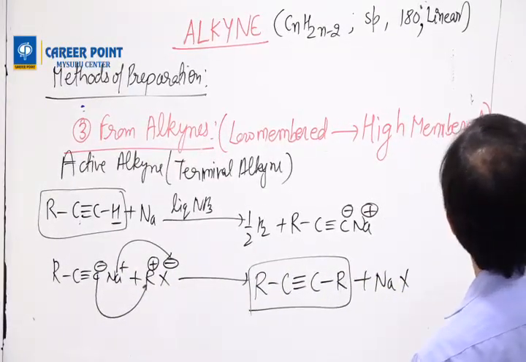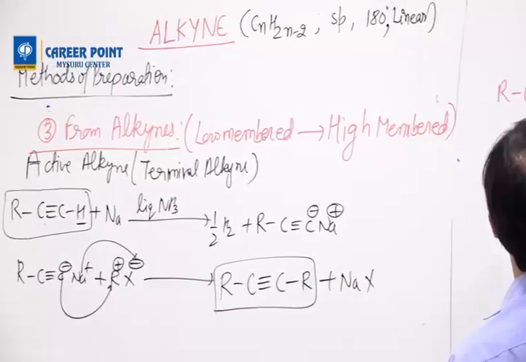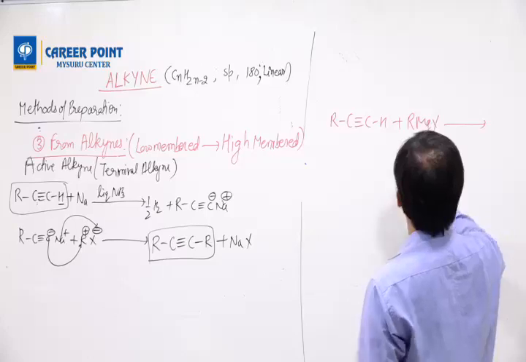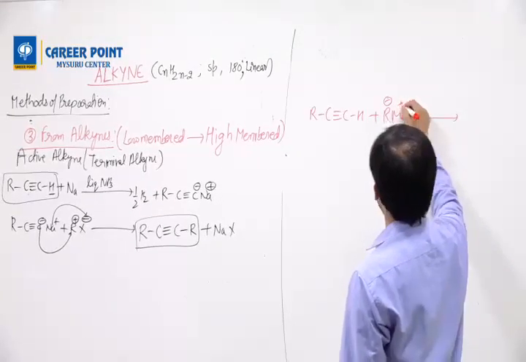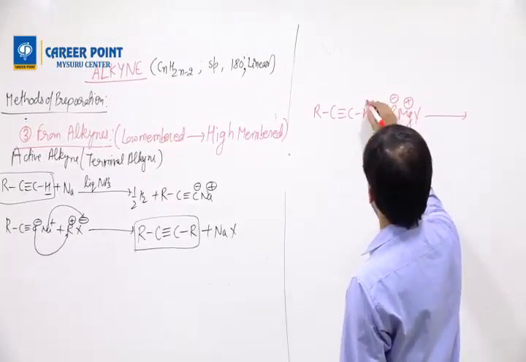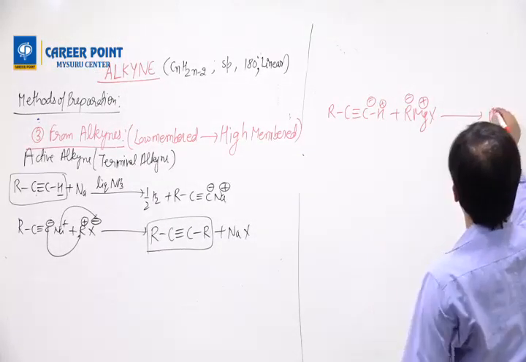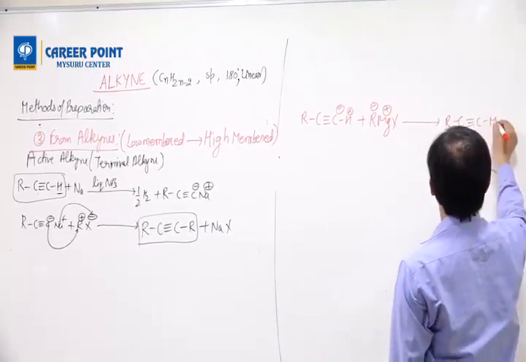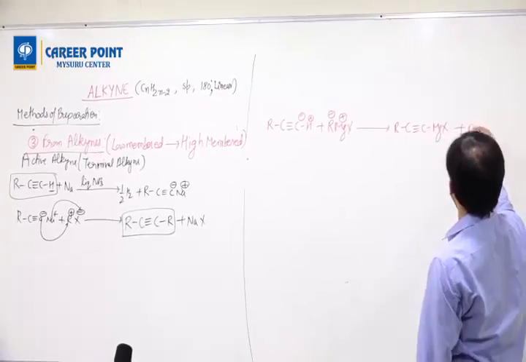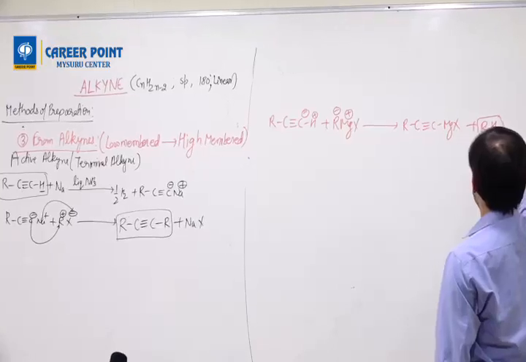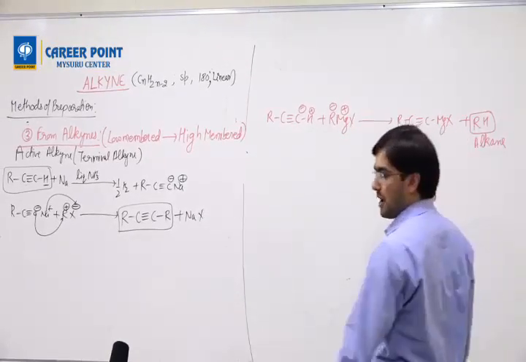Now what we take is R C triple bond CH plus R MgX. That I already told you, R minus plus, this is plus minus. So minus is going to attract Mg plus, giving R C triple bond C MgX plus RH. So there is formation of an alkane, one of the byproducts.